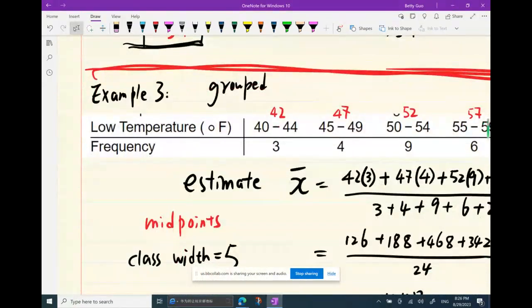And the third example shows, if you are given only a grouped frequency distribution table, how you estimate the sample mean.